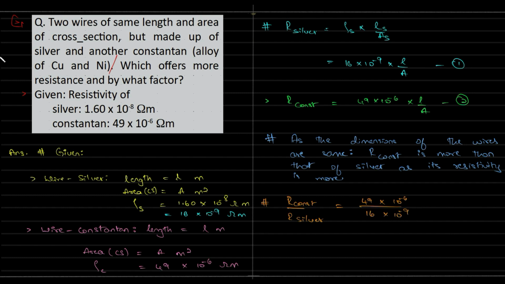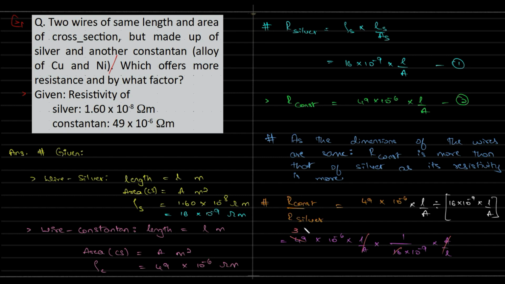Since the dimensions are the same, you'll just end up getting that, but let me write the entire thing. L by A divided by, brackets open, 16 into 10 to the power of minus 9 into L by A. So this is 49 into 10 to the power of minus 6 into L by A into 1 by 16 into 10 to the power of minus 9 into A by L. Right? So this entire thing will get cancelled.